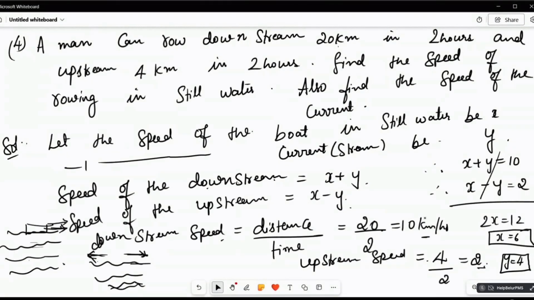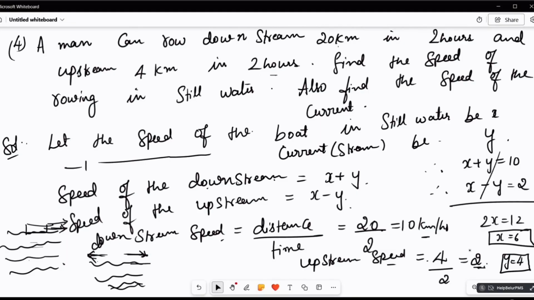In the upstream, in the same river, that is, if he goes opposite, then how much distance he can travel? 4 kilometers he will travel in 2 hours. So what will be the upstream speed? 2 kilometers per hour. But river is also actually moving in the same speed. Boat is also actually moving in the same speed, but directions differ, right?